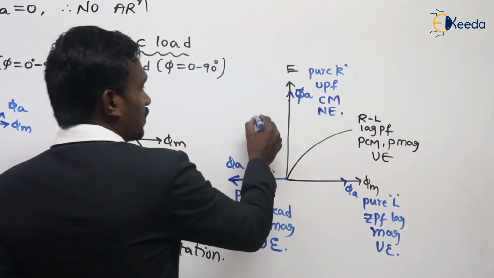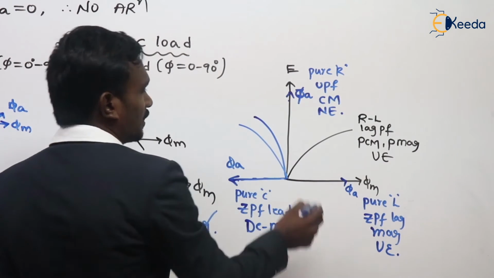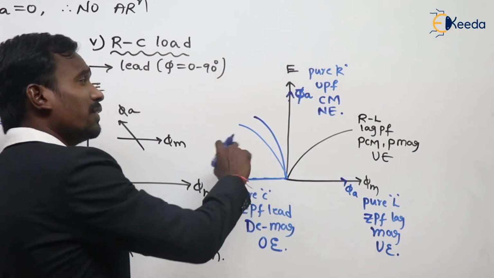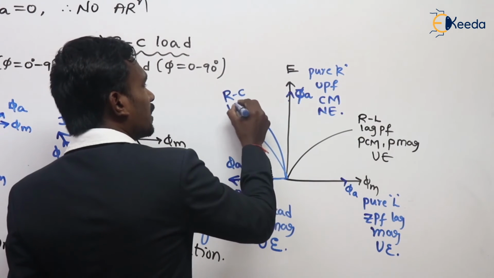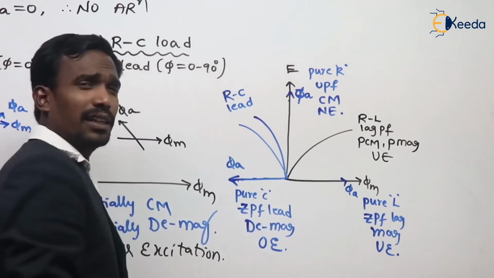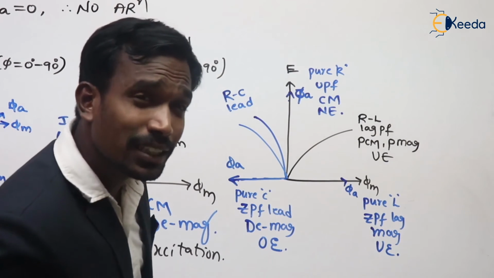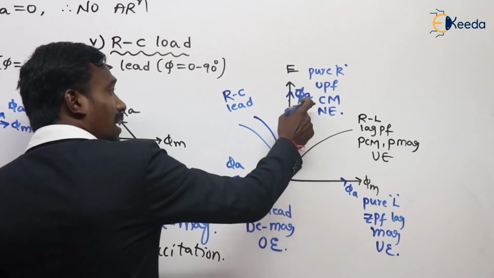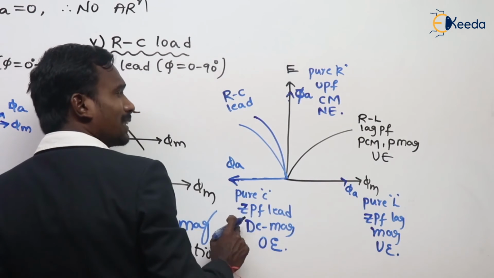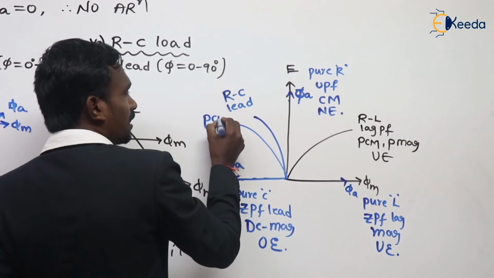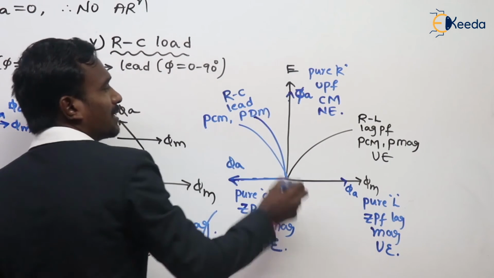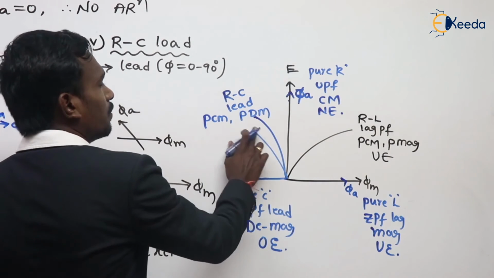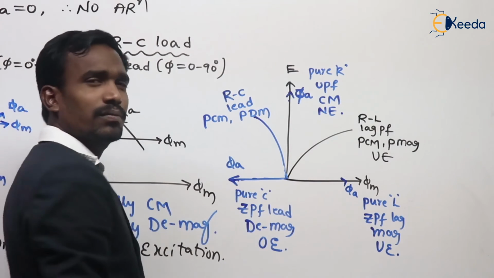If the curves were given like this, whatever it may be, these two are the RC load, meaning leading power factor. What is the armature reaction? Partially cross magnetizing and partially demagnetizing effect of armature reaction.